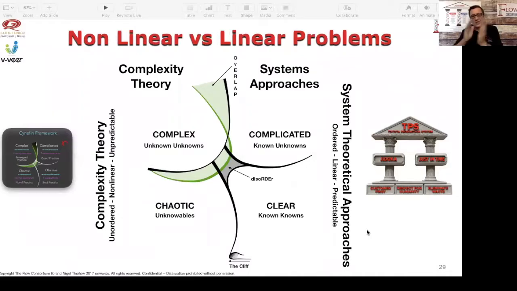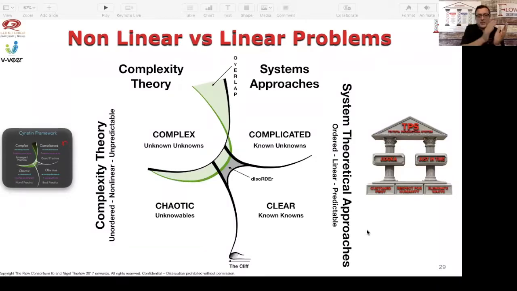On the right-hand side, you've got systems theoretical approaches. So if you're in a system that's ordered, it's linear, it's predictable, very much like Toyota's production system is ordered and predictable, then you are very much able to use the 5 why analysis types of tools. And the difference between clear and complicated is in complicated, you need experts. In clear, you don't really need experts.